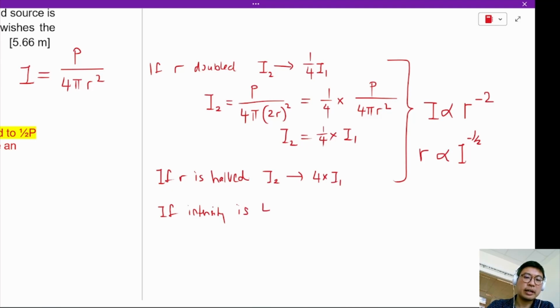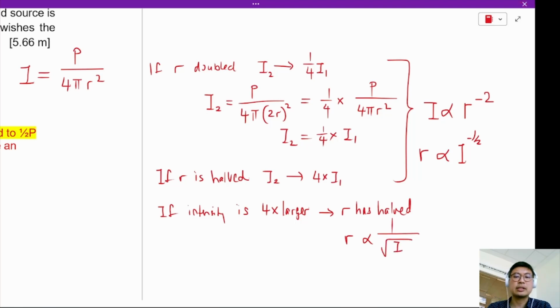So if the intensity is 4 times larger, it must be that the distance has halved. How come? Because R is proportional to 1 over the square root of the intensity. So if the intensity is 4, then the distance will be 1 over 2, half.